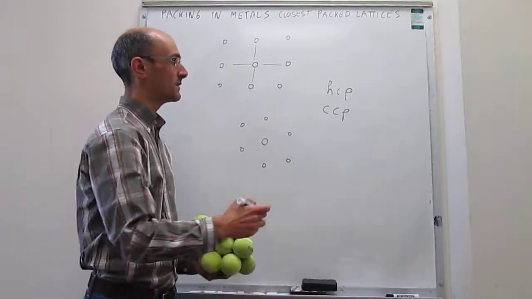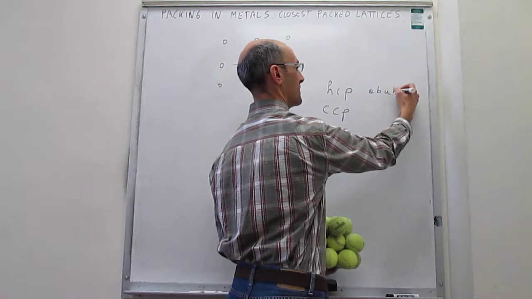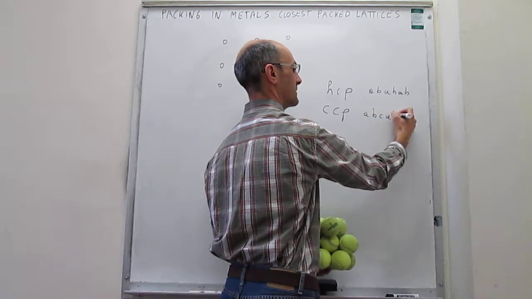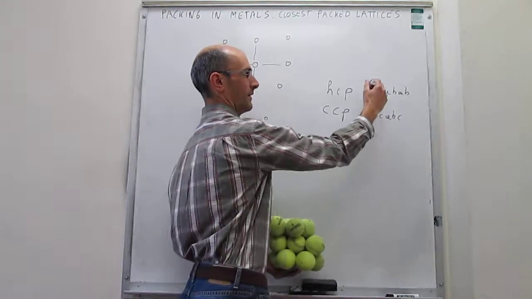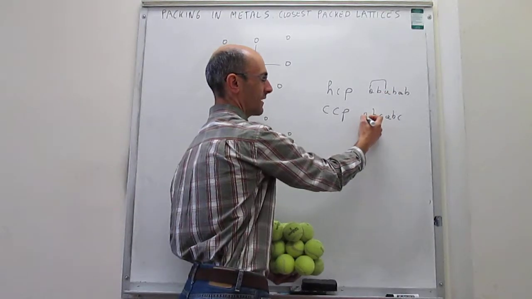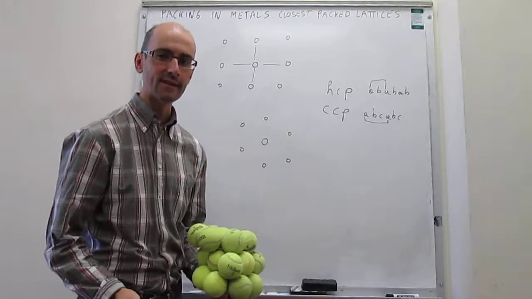We can distinguish this because HCP corresponds to a packing A, B, A, B, A, B, but this will be A, B, C, A, B, C, and so forth. In HCP, the first and third layers are exactly the same. In cubic closest packed, the first and fourth layers are identical.